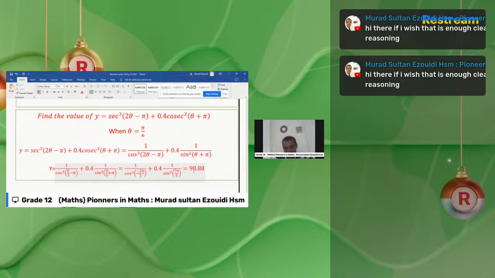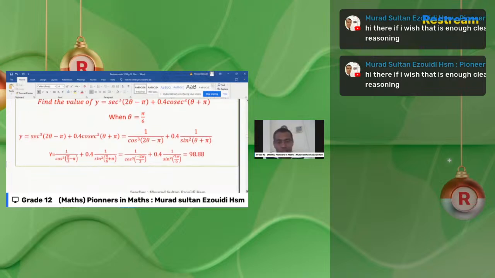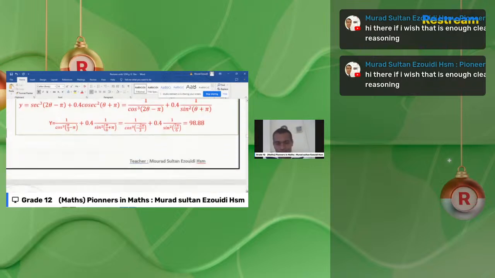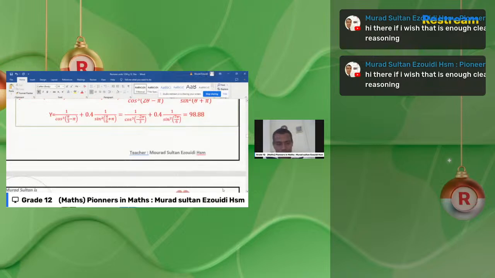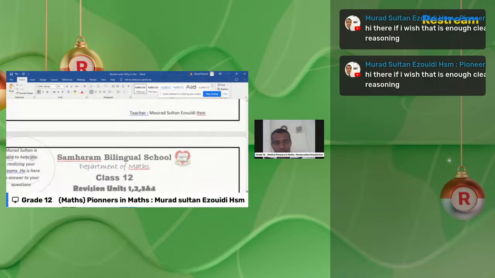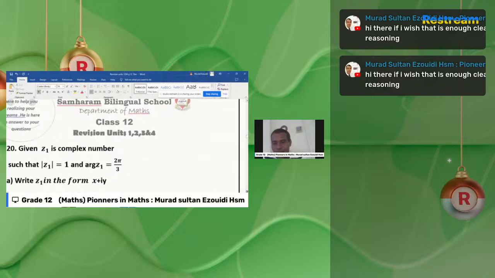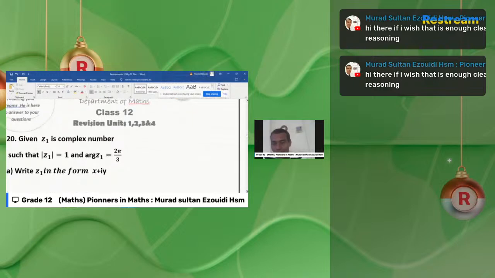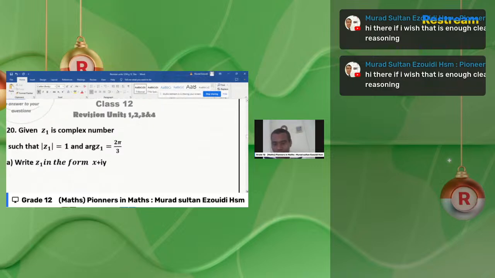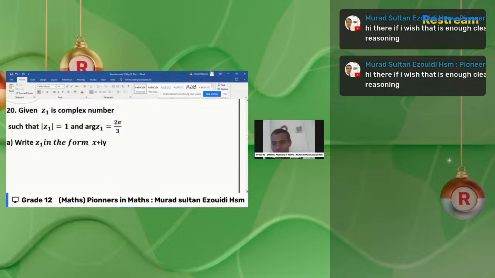The upcoming revision for tomorrow will be this. The question is: given that Z1 is a complex number such that the modulus of Z1 is 1 and the argument of Z1 is 2 pi over 3, write Z1 in the form x plus iy.